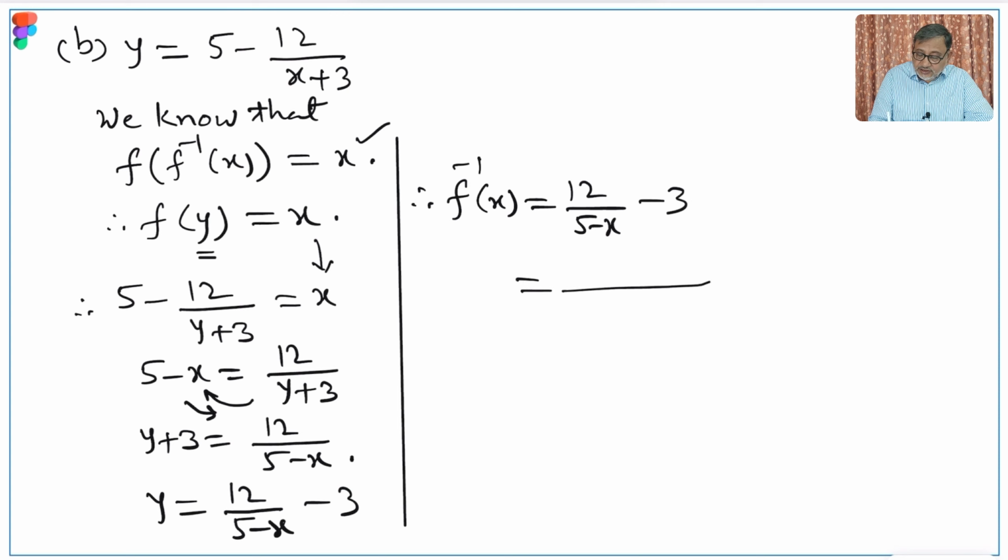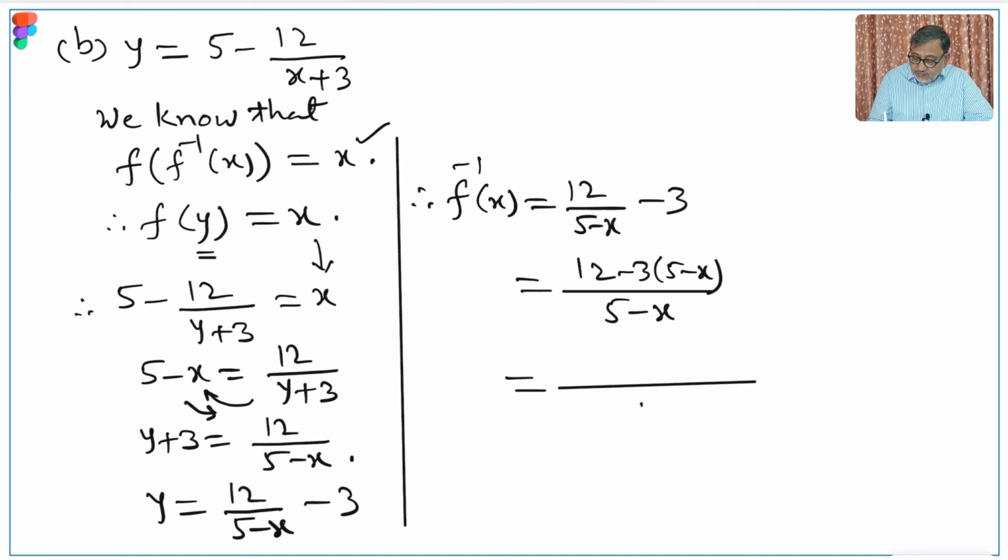If I take the LCM, it is 12 minus 3 into 5 minus x. Now after simplifying it, 3 times 5 is 15, and plus 3x, so 3x minus 15 plus 12 will be minus 3. So 3x minus 3 over 5 minus x. That will be our final answer for f inverse of x.